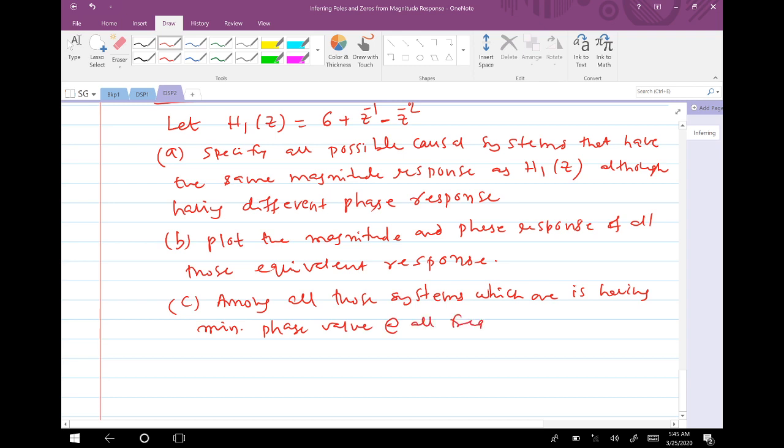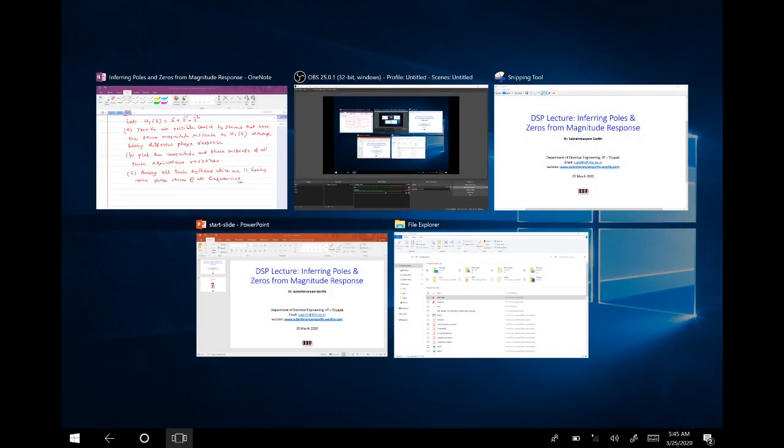You would observe that this in fact corresponds to a system that has all its poles and zeros inside the unit circle, and that's not a coincidence. By the way, just one point, we are saying all possible causal systems everywhere, but it would obviously be 4. I'm just giving you this as a hint because that would help you while you're working on it.